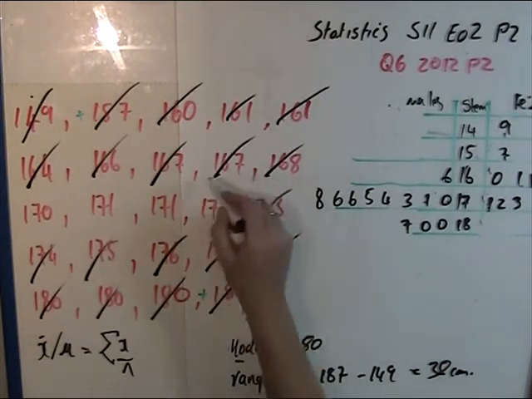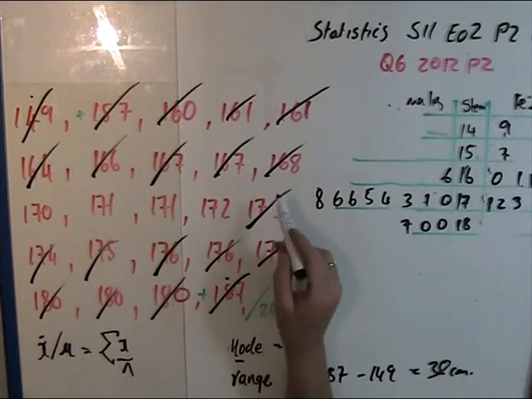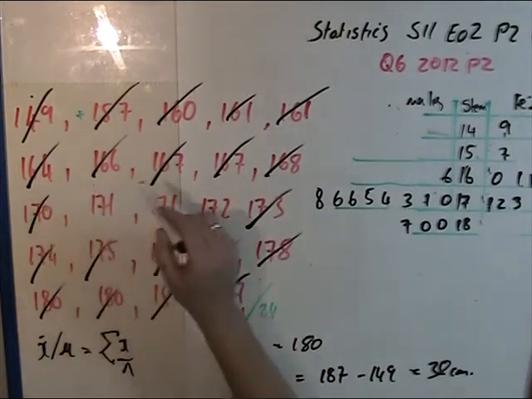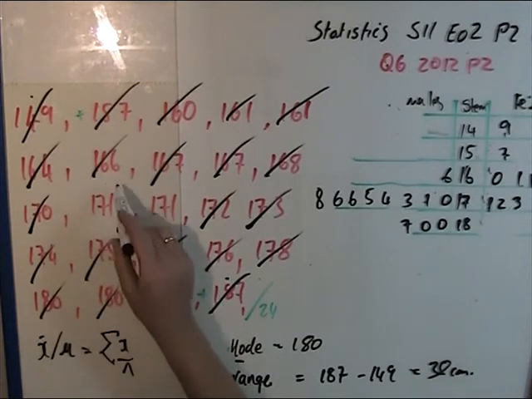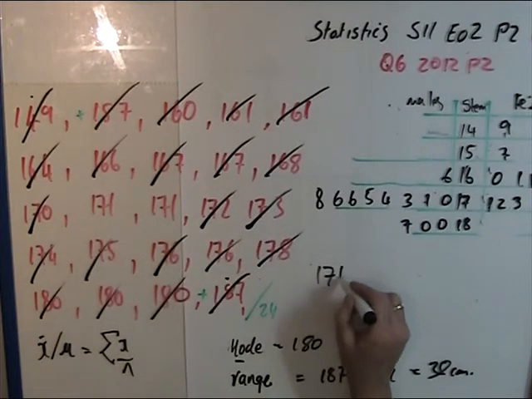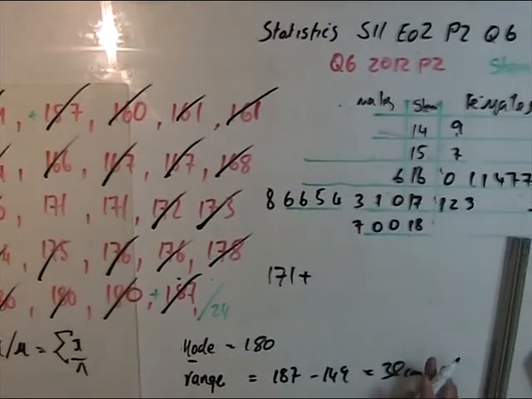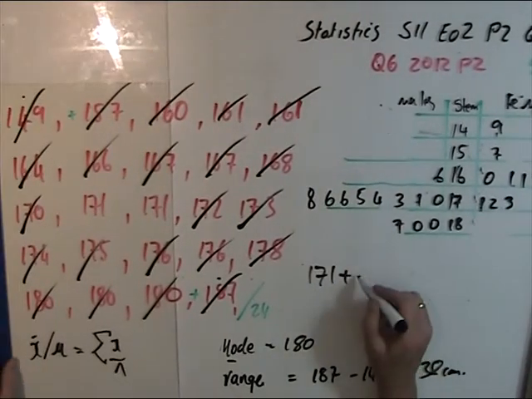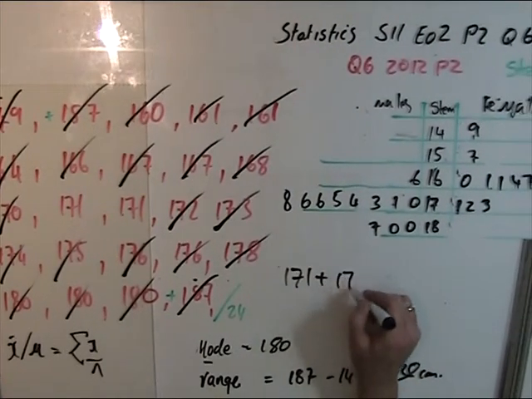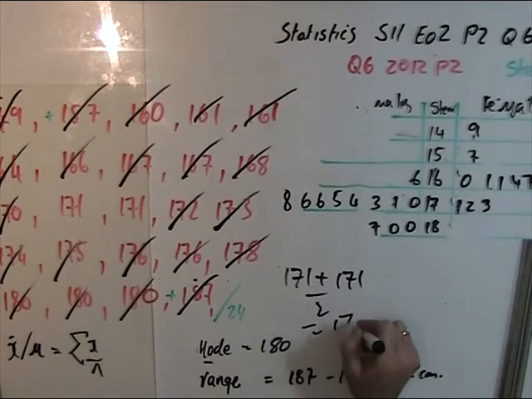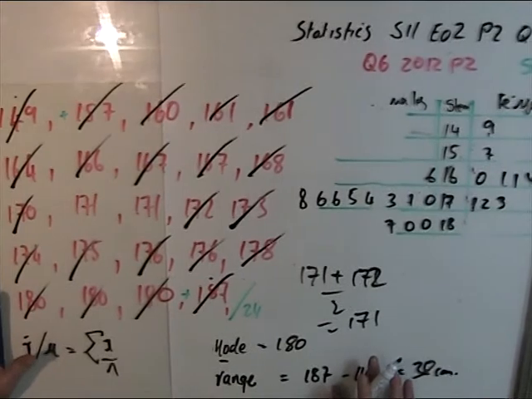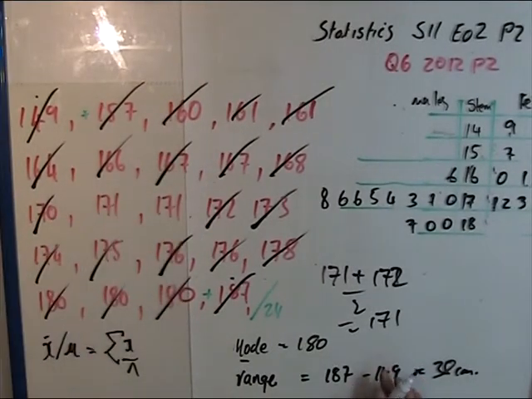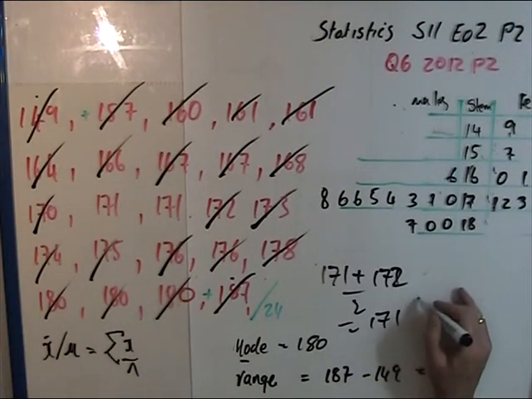Remember, we're going down and this is going up, so don't get too confused. We got 171 in the center. If we have two of them in the center and they're different, we would add them. 171 plus 171 divided by 2 is 171. But if we had 172, if we have two numbers in the center, we add them and divide by 2, and that is the median.